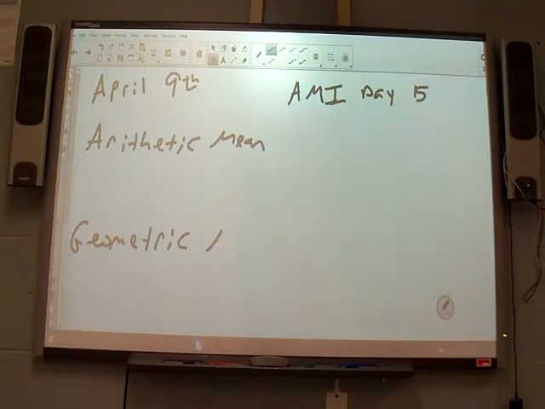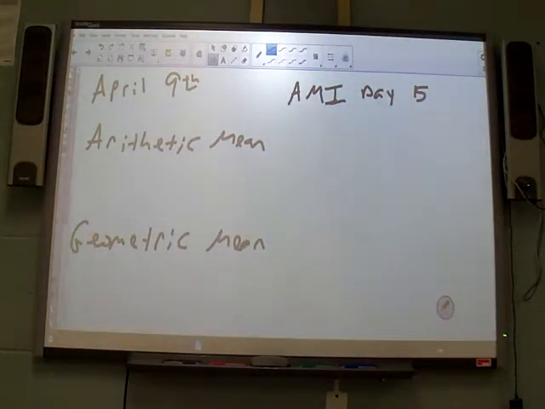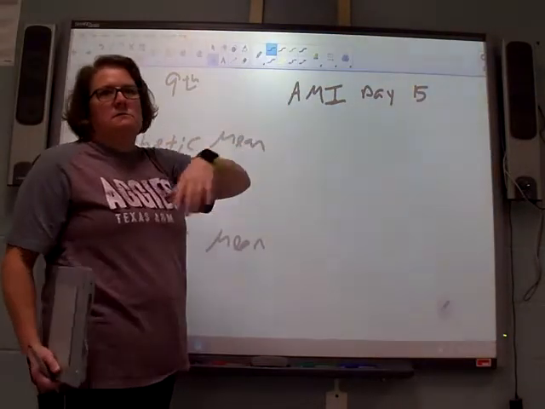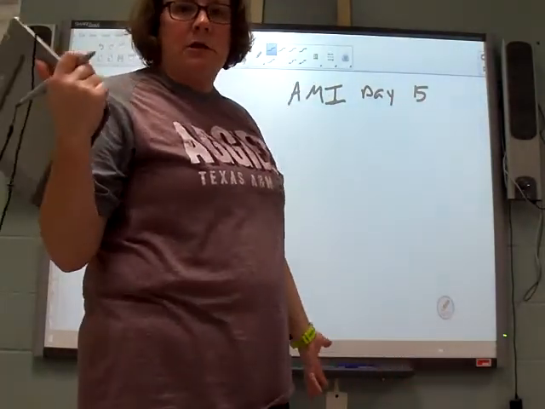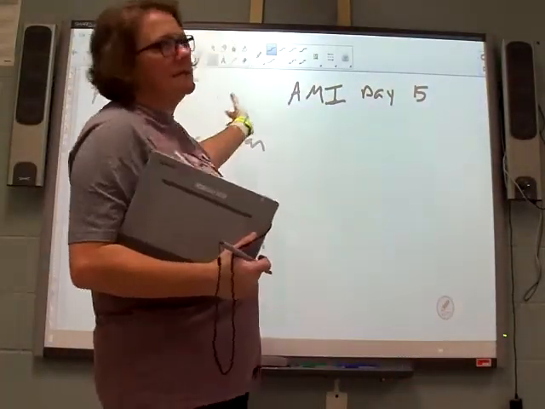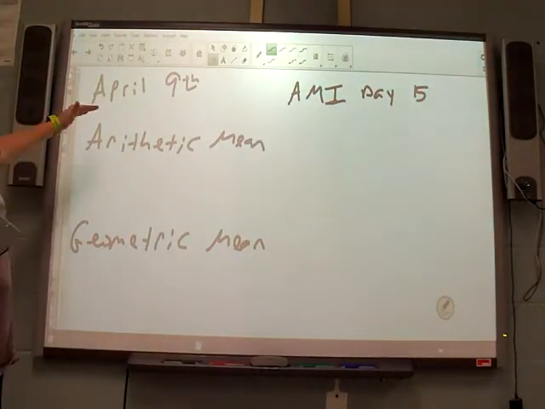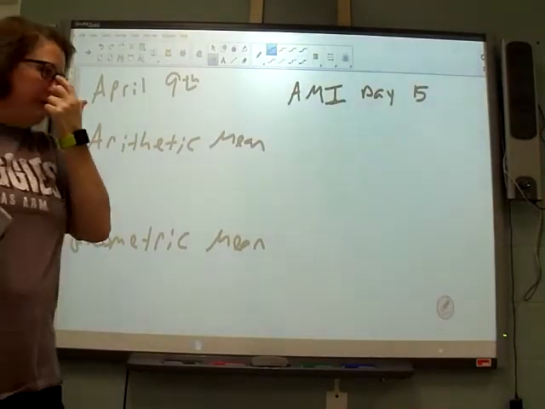If you're just given a list of numbers, you know to find the mean or the average, you just add them all up and divide by how many there are. But what if there's 500 of the numbers? You're not necessarily going to want to take the time to add them all up and divide by how many there are. So depending on what type of sequence it is, we're going to have a formula that might make our life a little more simple.